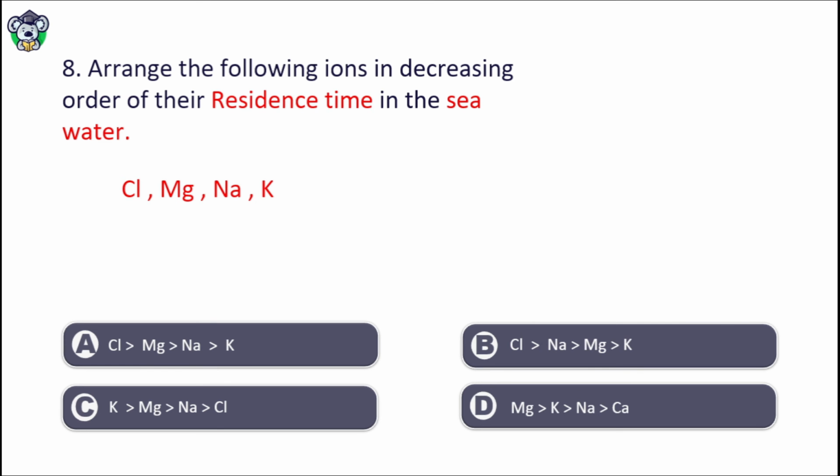Arrange the following ions in decreasing order of their residence time in the seawater. The ions are chlorine ion, Cl minus, Mg2 plus, sodium plus, K plus. The right option is option B, that is chlorine, sodium, magnesium, potassium.